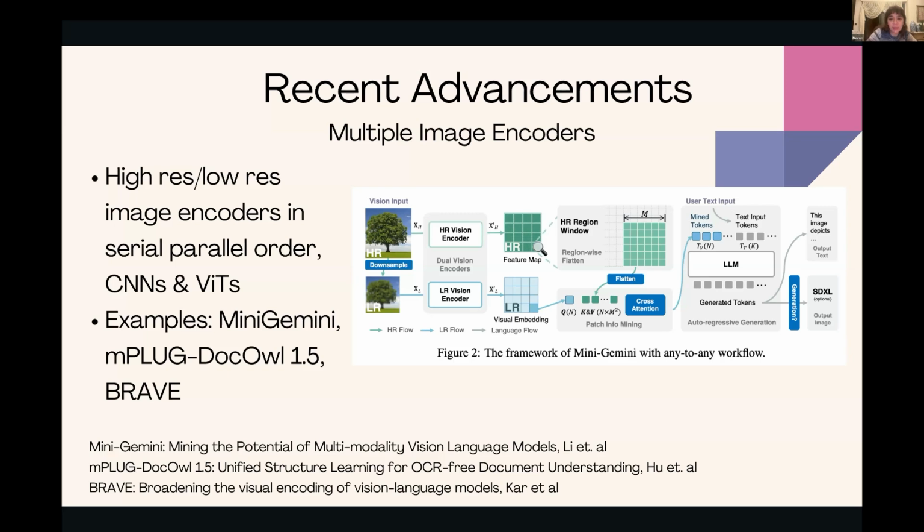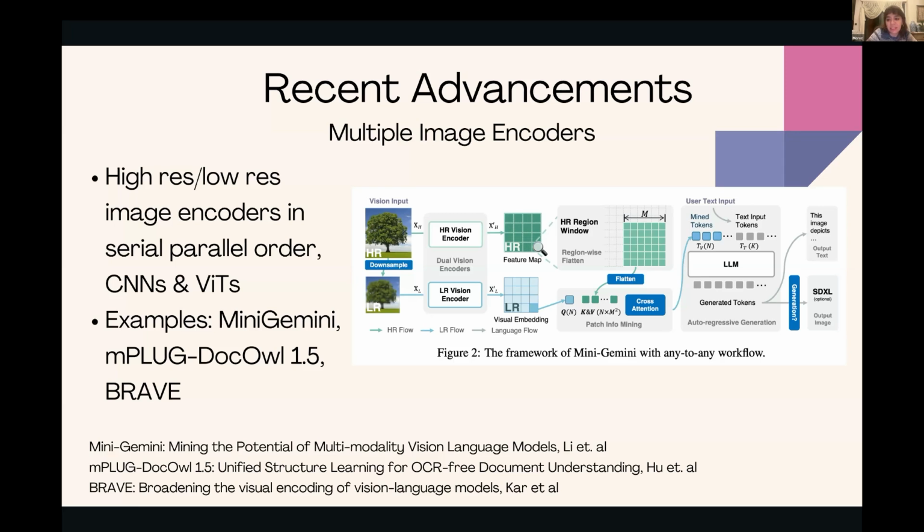From what I understand, one image encoder is CNN based, and the other one is vision transformer based, and one has better resolution. This way, you have high resolution features and low resolution features, and then most of the time they concatenate the outputs and pass them to the projection layer, and later pass them to the text decoder.